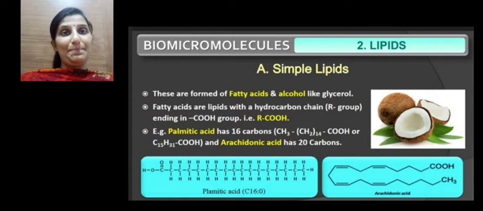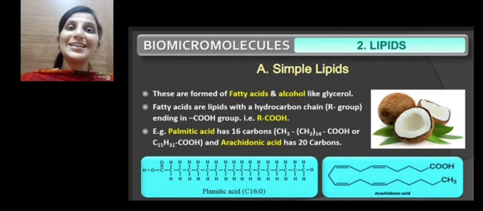What are simple lipids? They are formed of fatty acids and alcohol like glycerol. So they are formed by a combination of fatty acids and alcohol, and this alcohol is nothing but glycerol.